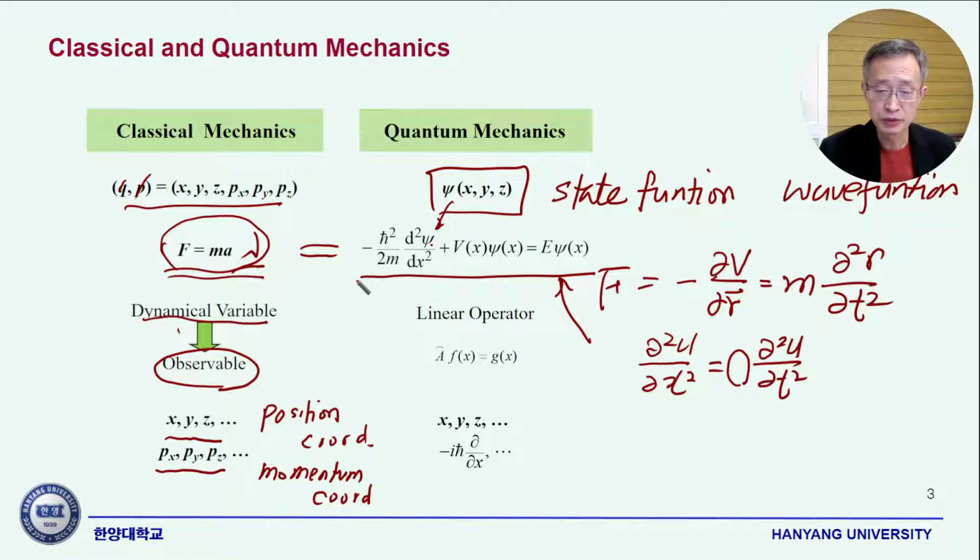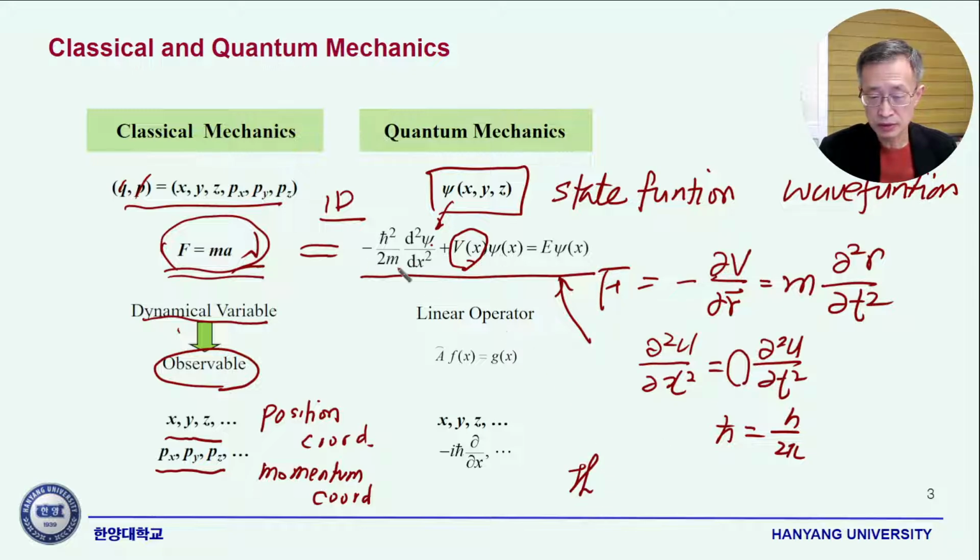If you look at it, this is the 1D Schrödinger equation in the x dimension only. So minus h bar squared over 2m, where h bar is h over 2 pi and m is the mass of the particle, times d squared psi dx squared, because there is only one variable, plus the potential as a function of position only, times psi of x, equals E psi of x.